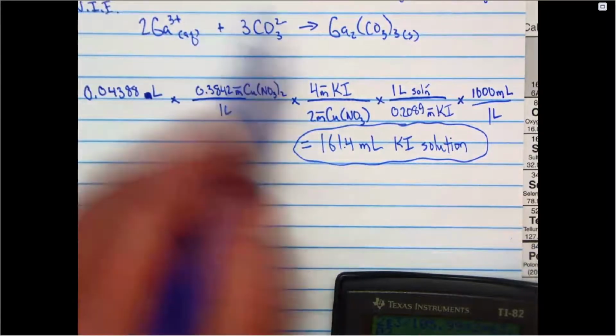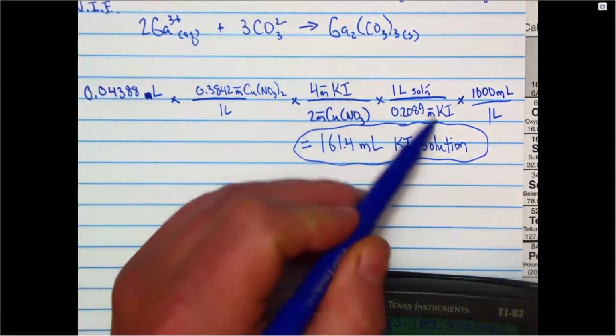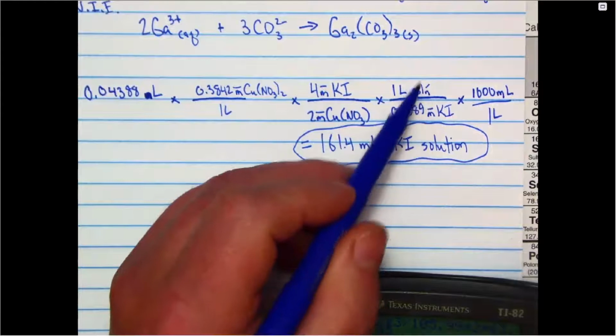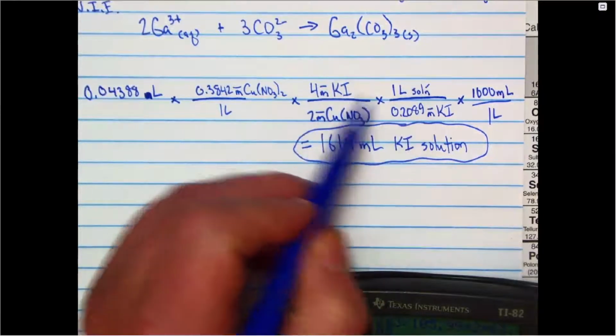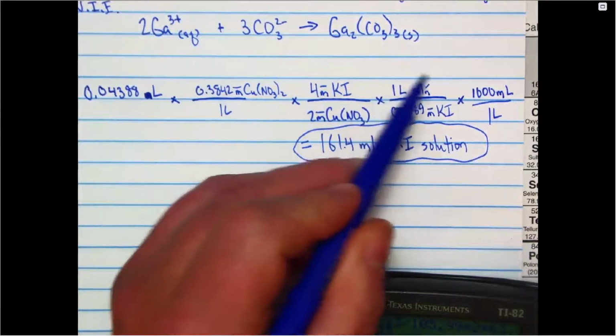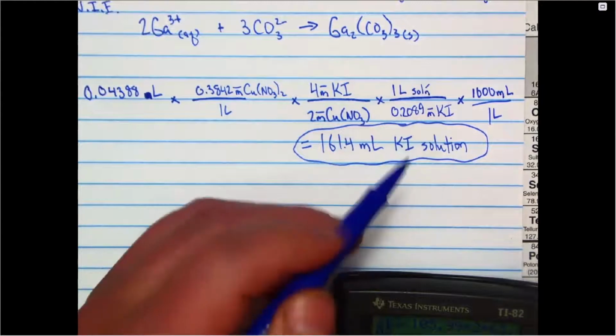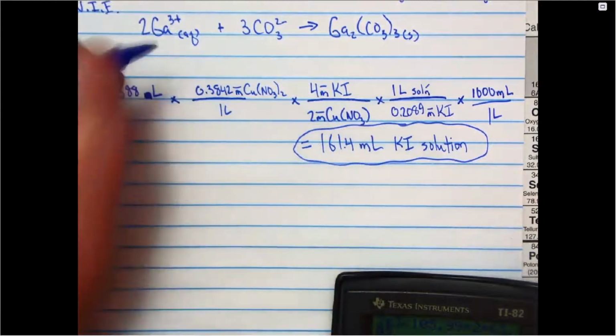Yep. So because you want to cancel your moles of potassium iodide out, we have to use our concentration flipped upside down here. That's the only way to get those moles of potassium iodide to cancel and leave us with a volume of solution instead. All right. So when you go back and study this problem later, think about what we're doing in each case.